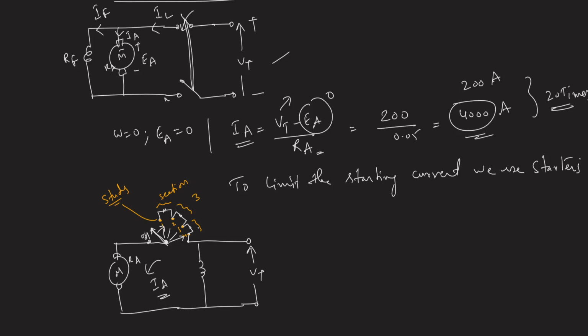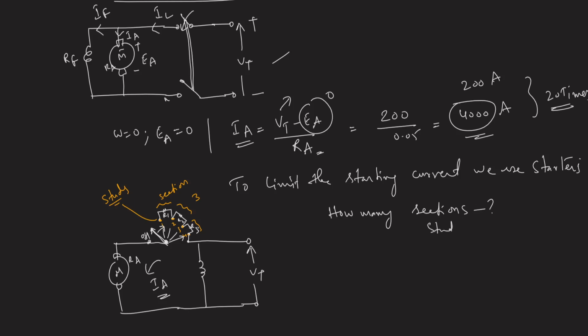Here we have sections, means these are resistances R1, R2, R3, like that. These are all section resistances. So the objective is: how many sections do I require, or how many studs?